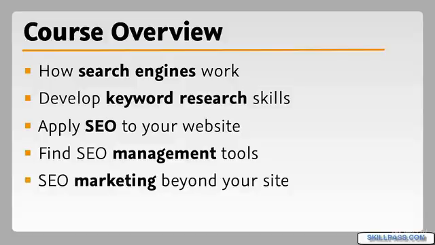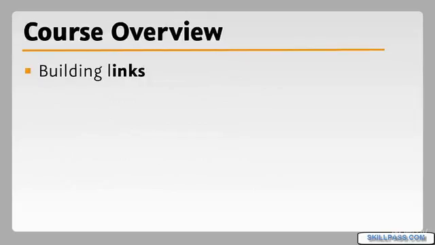Also, beyond just your site, how do you apply search engine optimization in the world of social media and analytics and online business? The skills and knowledge that you develop from this course are going to be able to be applied in many other areas in online marketing. Also, a core function of search engine optimization is building links.